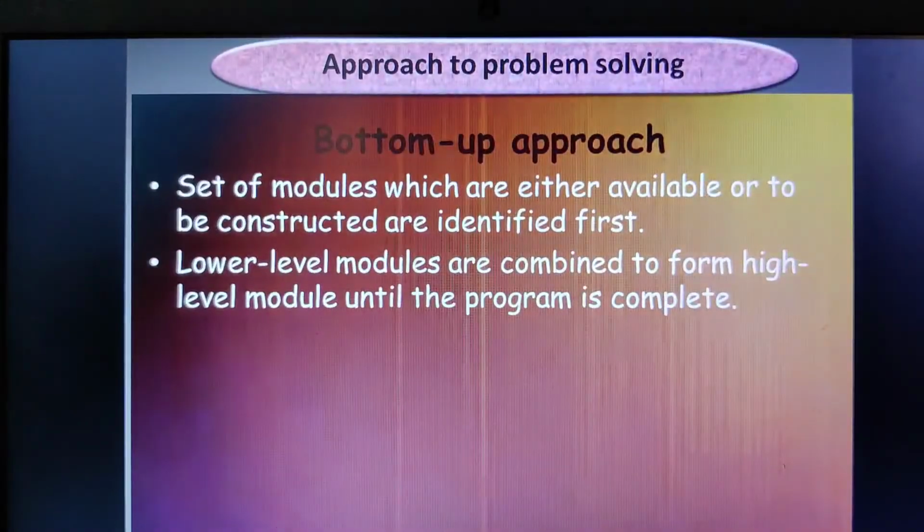Therefore, the bottom-up approach is the reverse of the top-down design, wherein the process begins with identification of a set of modules. Suppose, for example, I want to write a program to calculate arithmetic operations. I have different kinds of modules or subtasks. One subtask might be addition, one more for multiplication, one more for subtraction.